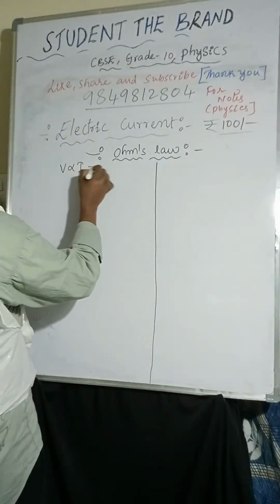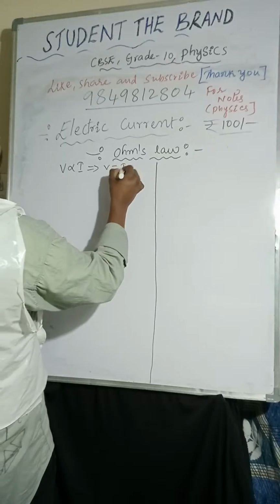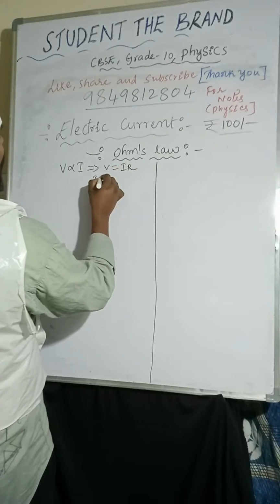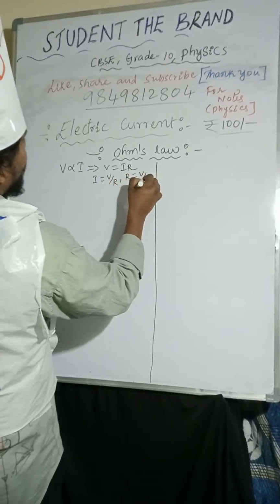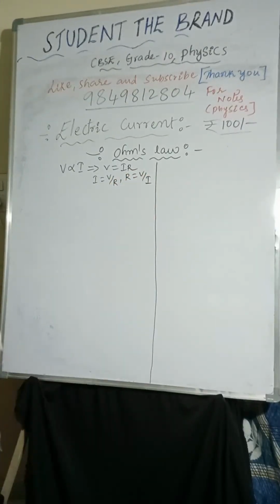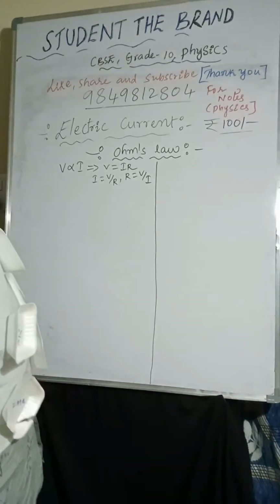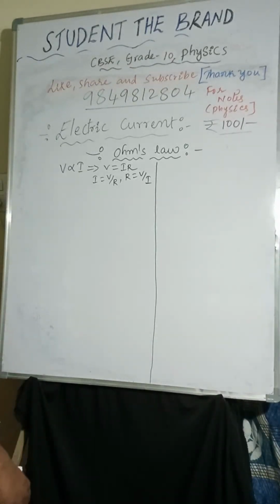V is directly proportional to I. V equal to IR, I equal to V by R, and R equal to V by I. Okay. So here it's very, very important. Make sure that you are learning this point.